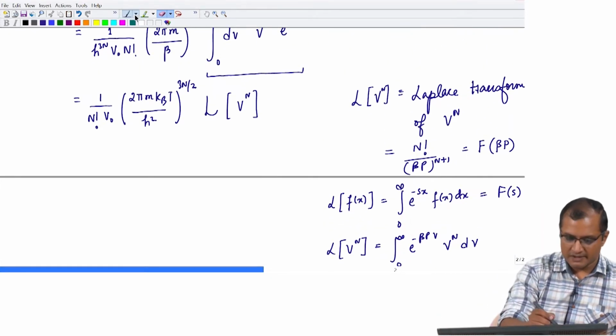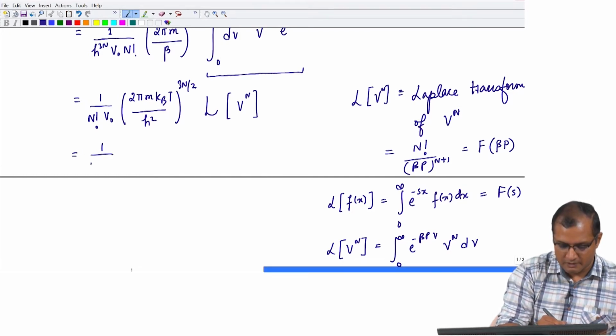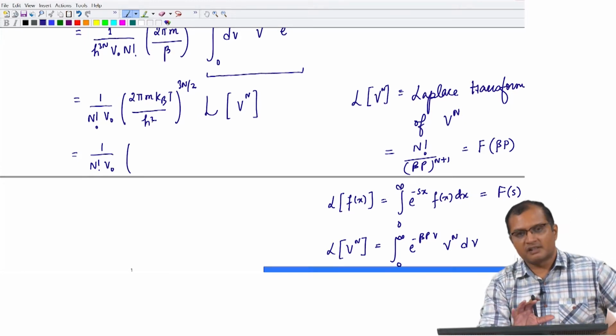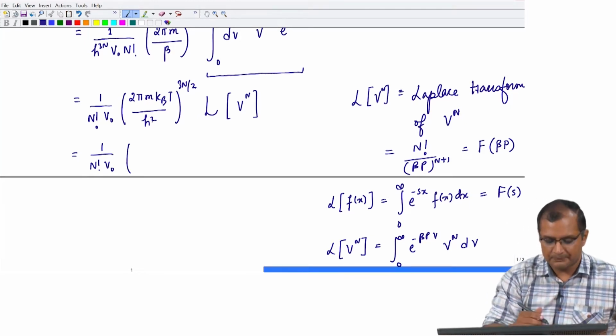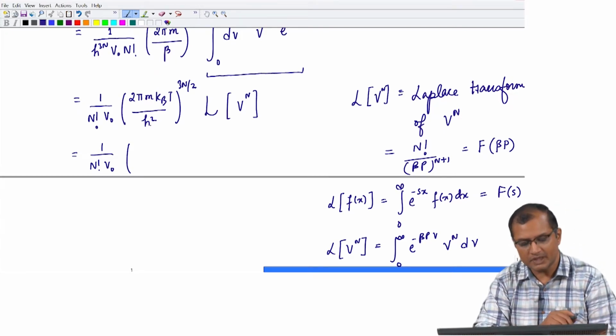So, I am going to write down the result here, which is 1 upon n factorial V 0, and look at this prefactor, it is already looking like a length scale to the power 3n.